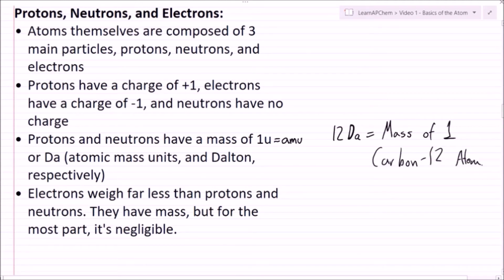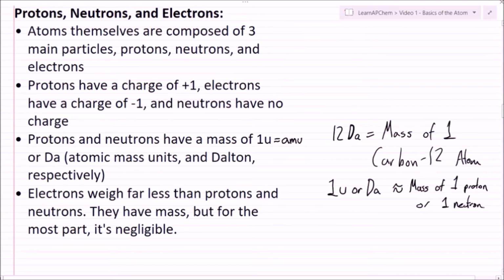So you might be wondering, okay, well, what does this mean? Well, carbon-12 has 6 protons and 6 neutrons. So we can say from that 1 U, or Da, is approximately equal to the mass of 1 proton or 1 neutron.